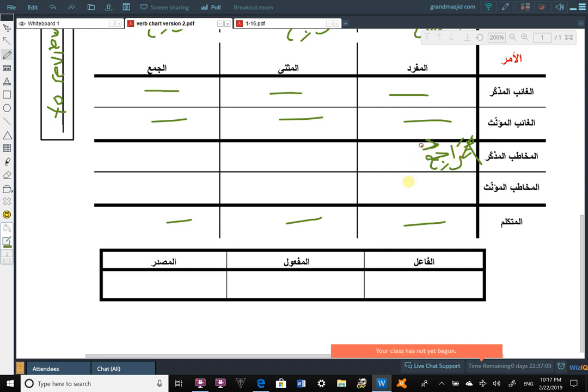We say raji', raji'a, raji'u, raji'i, raji'a, and raji'na.